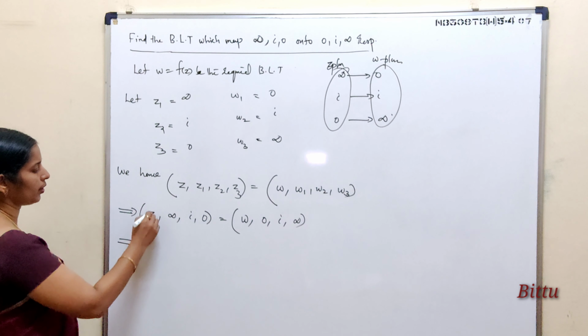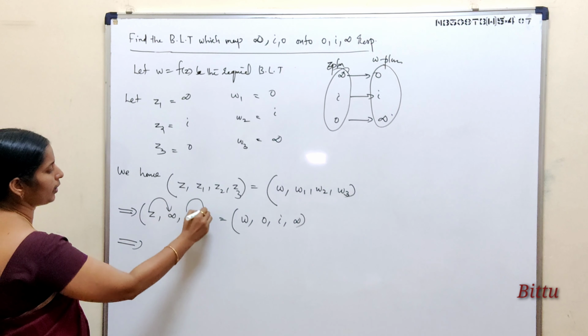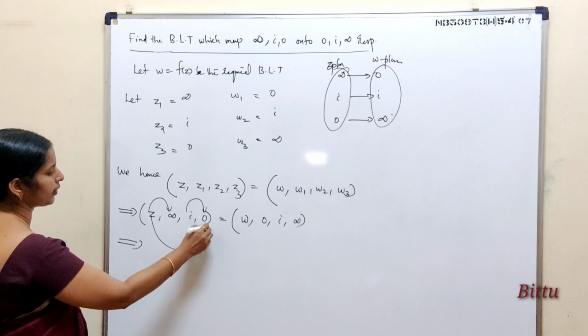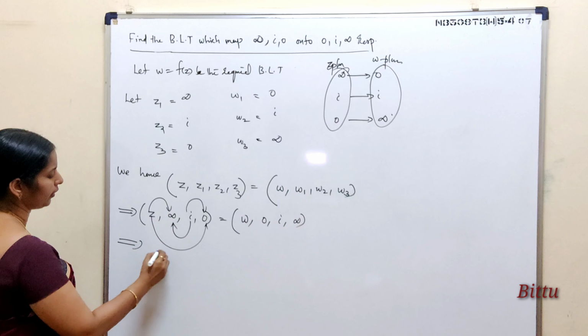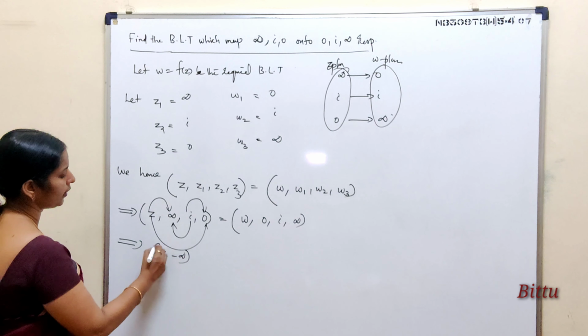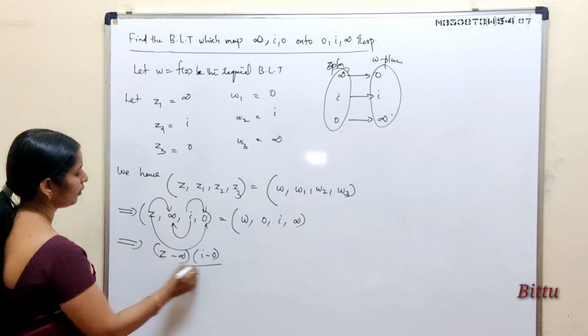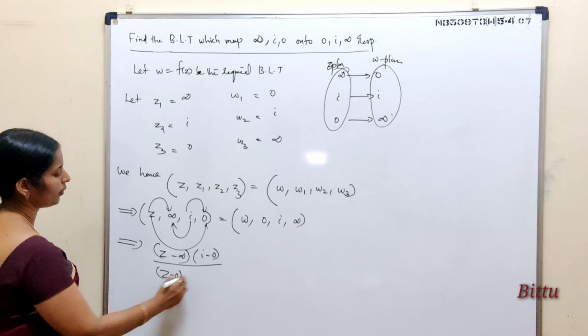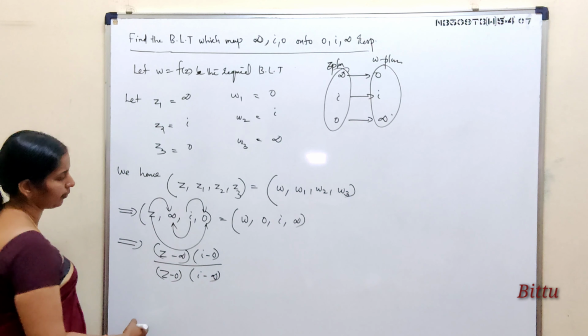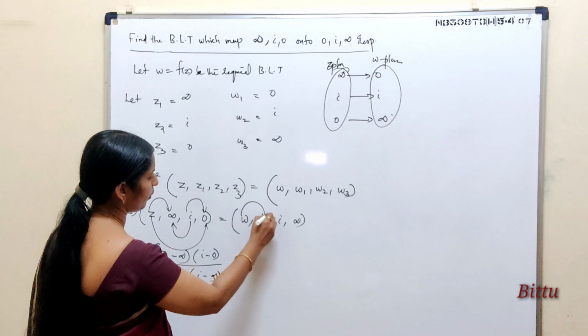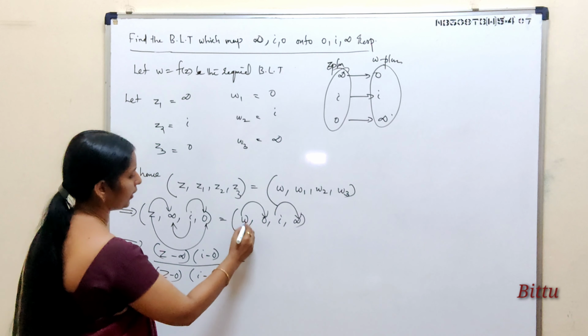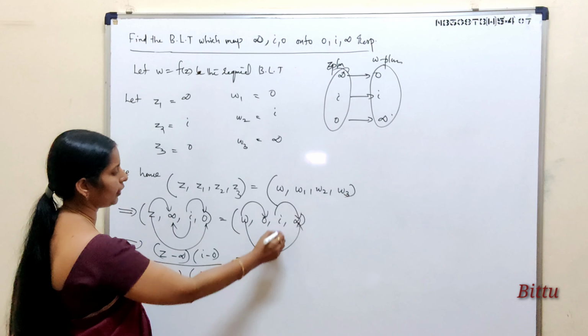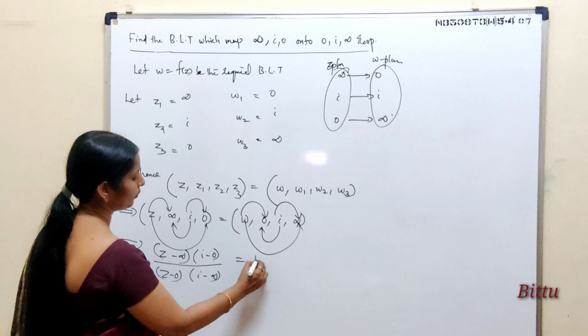What is its cross ratio? It is (z minus infinity) into (i minus 0) divided by (z minus 0) into (i minus infinity), is equal to, similarly, (omega minus 0) into (i minus infinity) divided by (omega minus infinity) into (i minus 0).